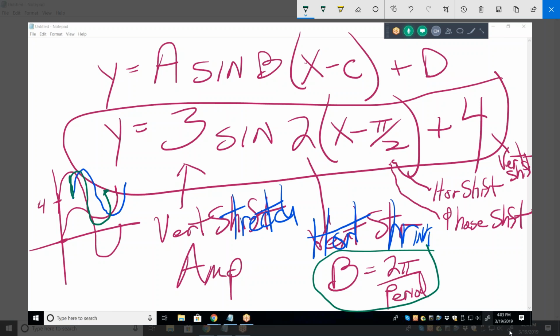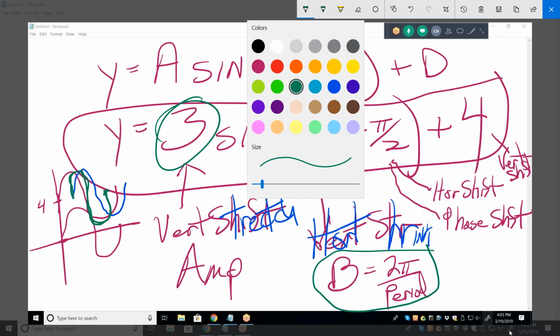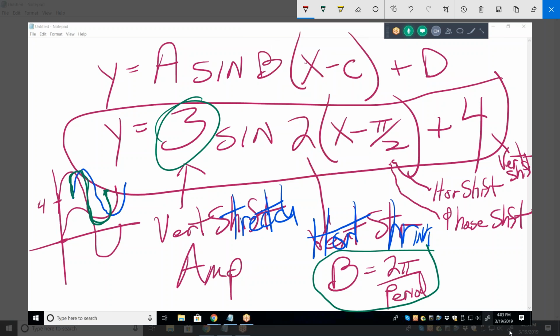You following me? What I'm doing is making each one of these adjustments one at a time. The only thing left is that. That is a vertical stretch. So what that means is it's going to go up 3 times as long, come down 3 times, come back to there.